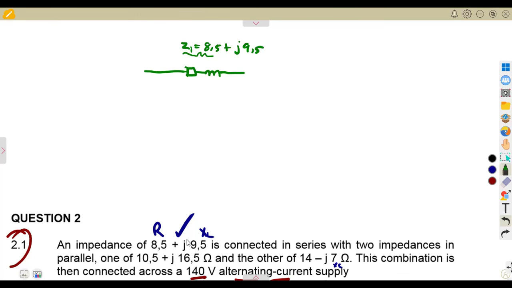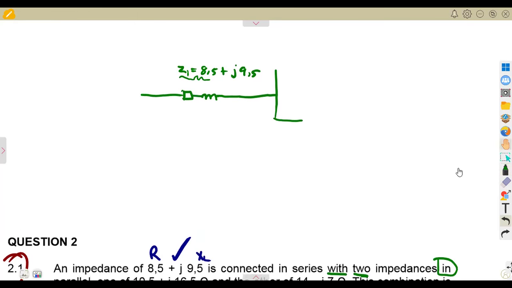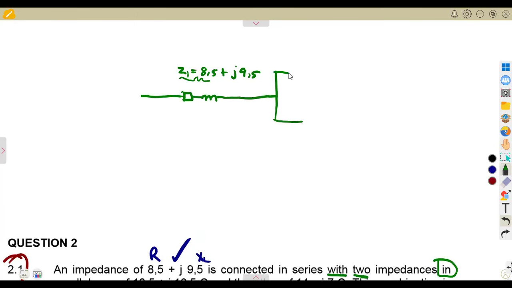All right. So it is connected in series with the two impedances. There are two impedances in parallel. These two impedances, they are in what? In parallel. So this connection is connected to a parallel combination where there are two impedances that we are given.